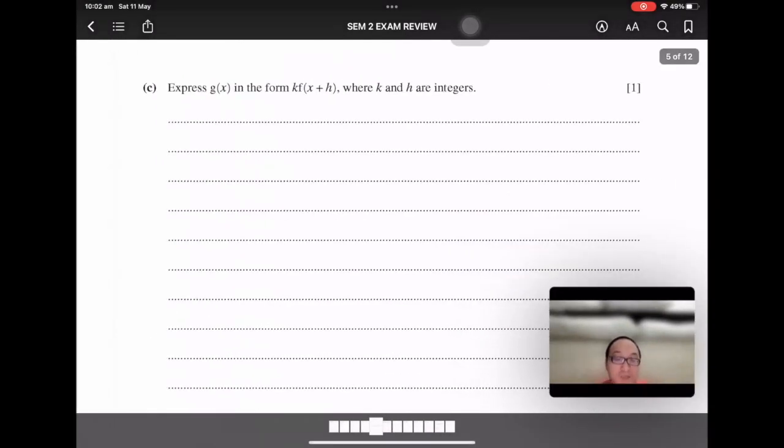Express g(x) in the form of k f(x) plus h, where k and h are integers.